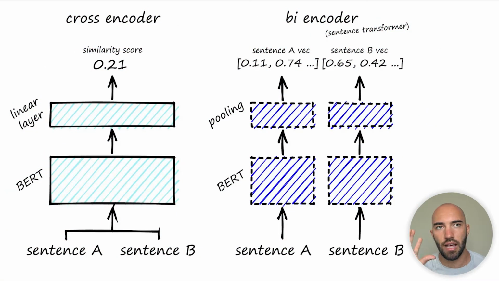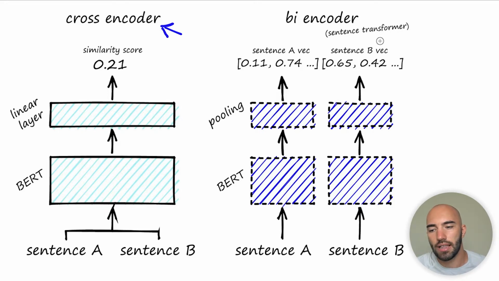So what we can do is take a slightly different approach, or add another step in here. That other step is using something called a cross encoder. In semantic similarity, we can use 2 different types of models. We can use a cross encoder, which is over here, or we can use a bi-encoder, or what I would usually call a sentence transformer.